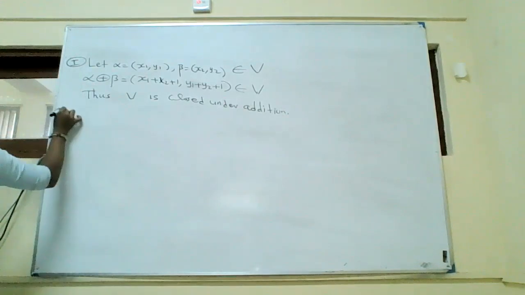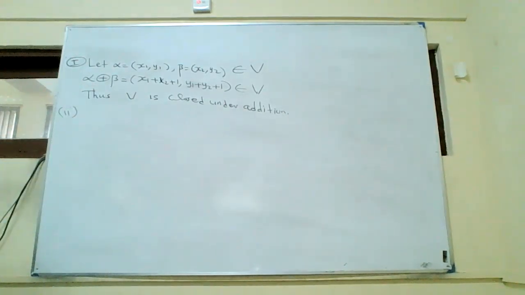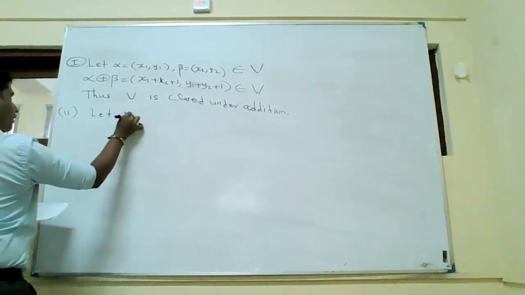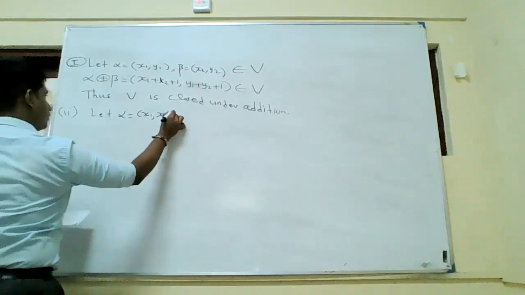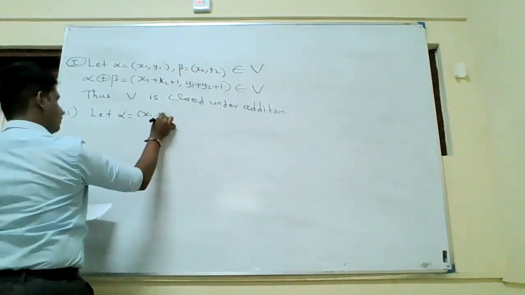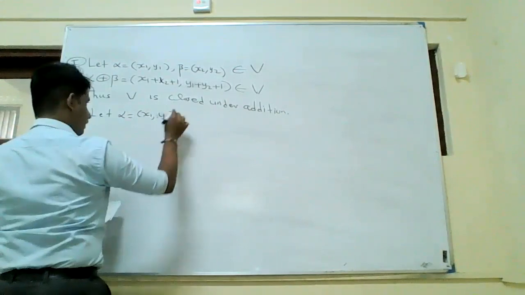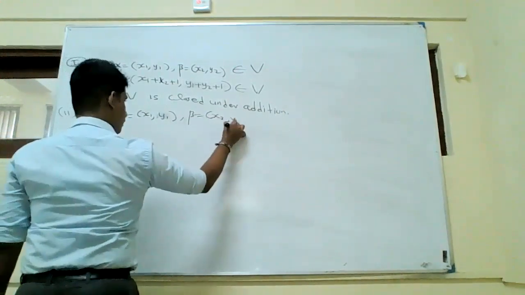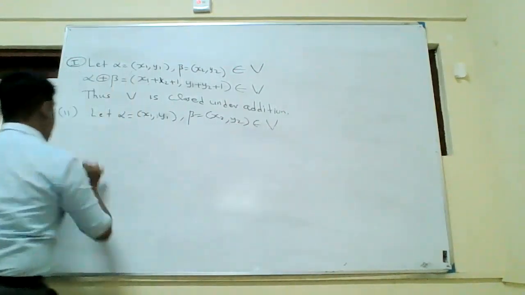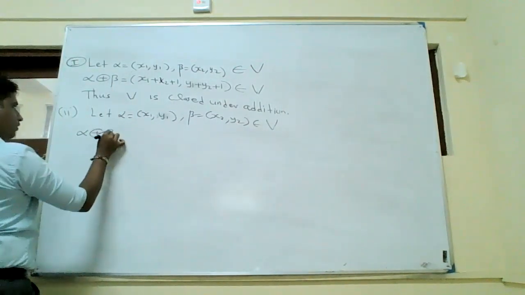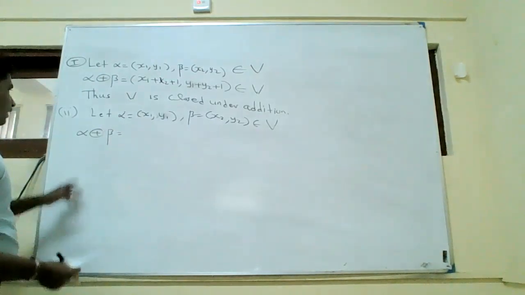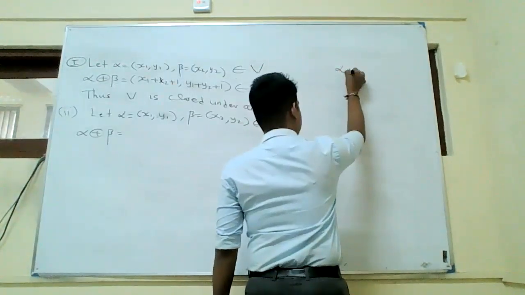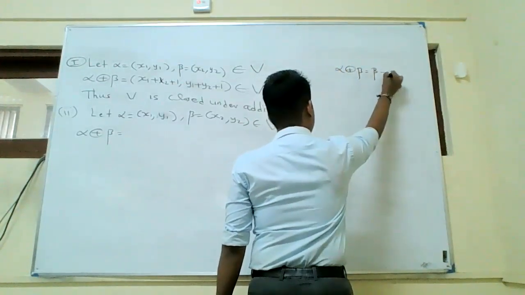For the second one, it's commutative. Let alpha be (x1, y1) and beta be (x2, y2) in B. We want to show that alpha plus beta equals beta plus alpha.